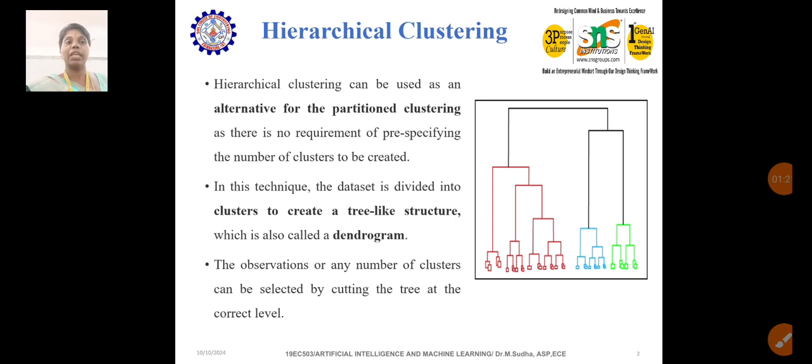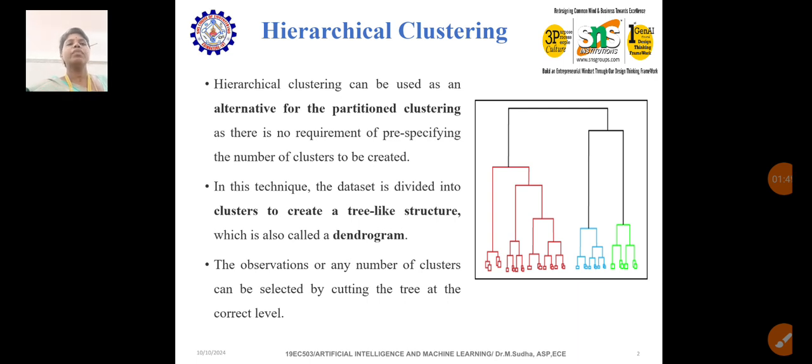So the hierarchy will differ, but obviously it is going to follow a tree shaped structure. That means at first there is only one, after that it is divided into two, and again the individual legs are divided into two. Likewise it goes on increasing until it reaches the final level. Okay, so that is hierarchical clustering.